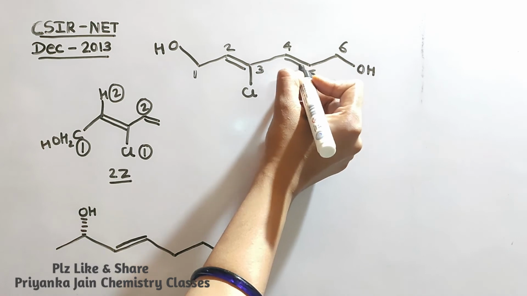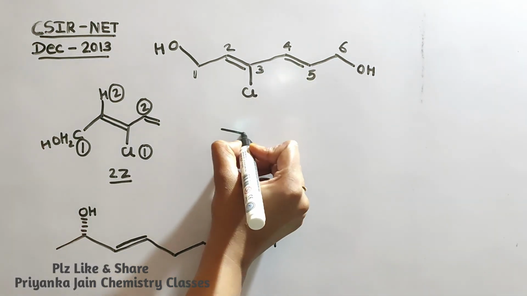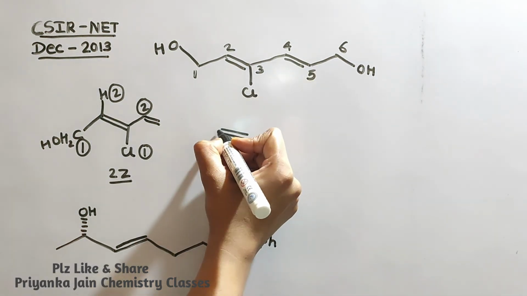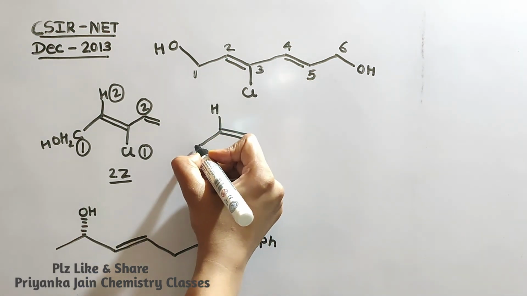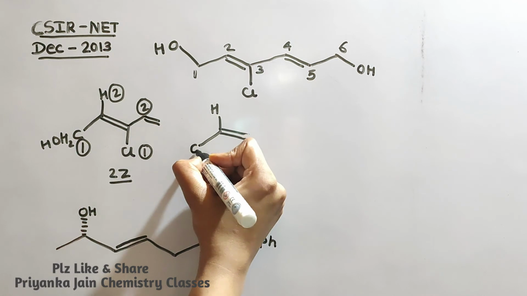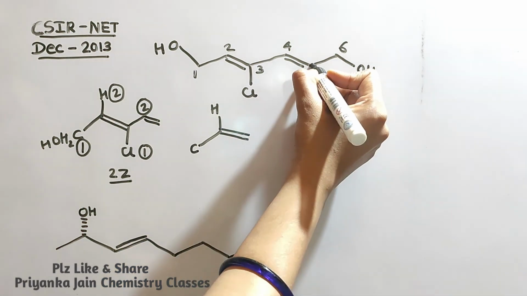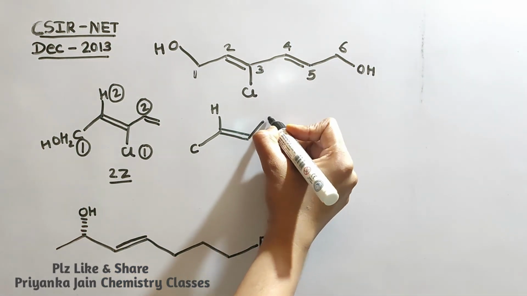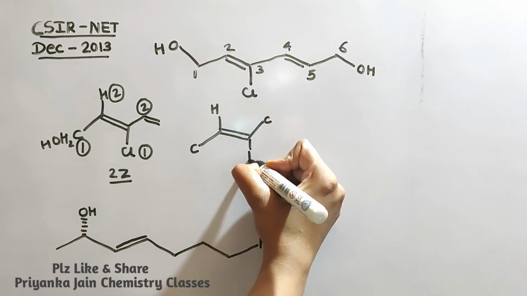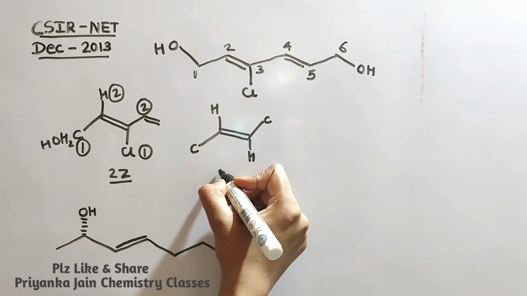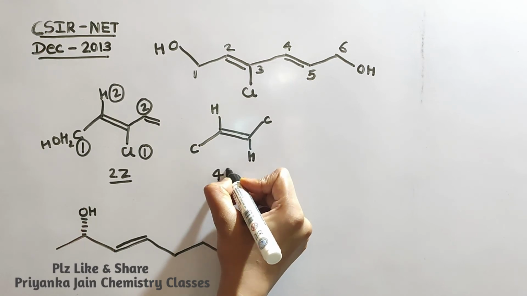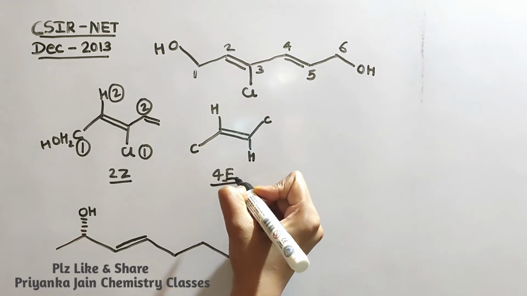Now similarly see at this. Here is a group present and this is the hydrogen, right? This is the group that is present and this is the hydrogen. Okay, so you can see this is the E configuration. It means at C4 this is E. Now you have to name the compound.